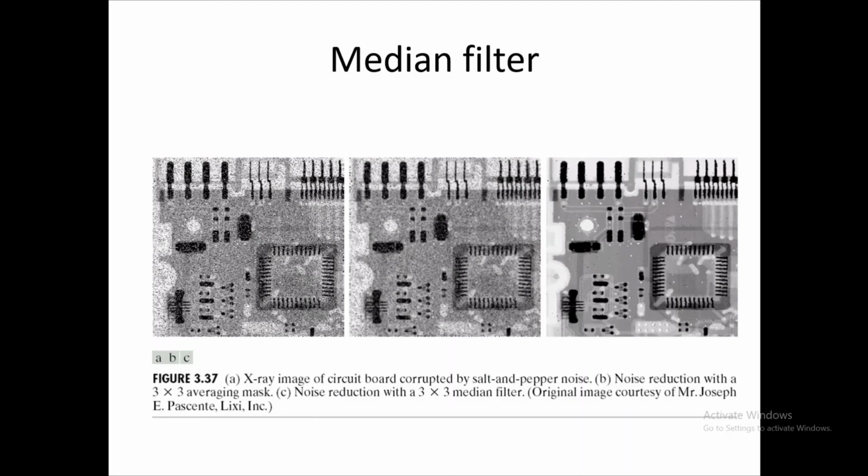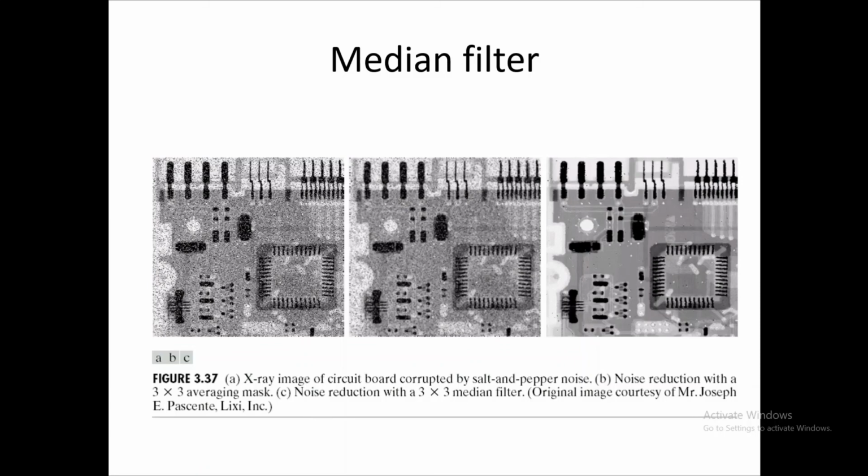If you compare the result of the median filter with the mean filter, we can see that the quality of the image is completely different. Here we have an X-ray image of a circuit board corrupted by salt and pepper noise, and we perform smoothing using the average filter and also the median filter.